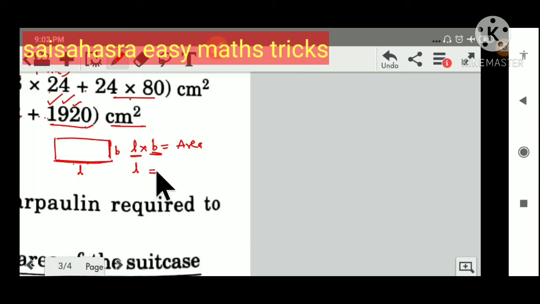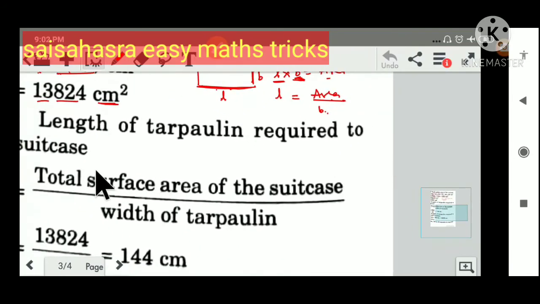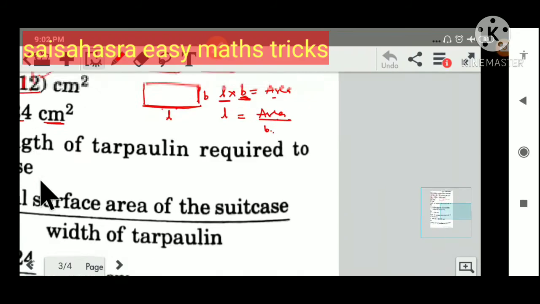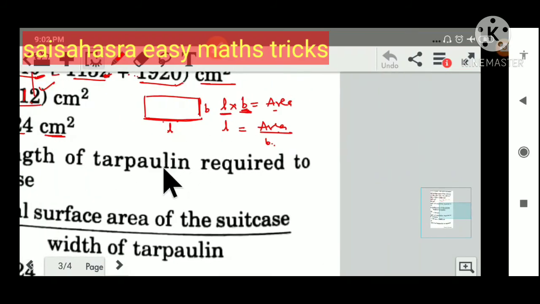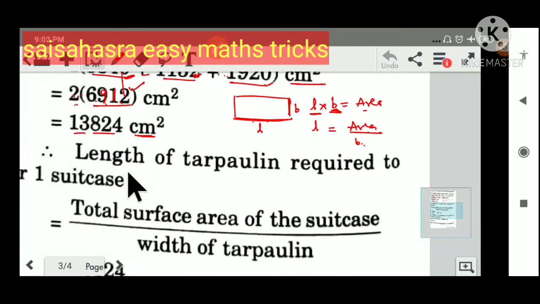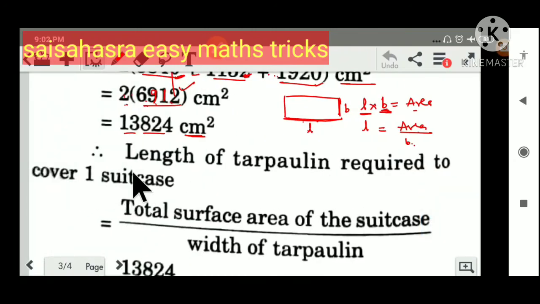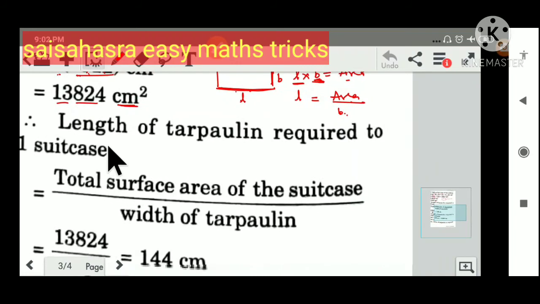So L is equal to area by B, for breadth or width, whatever it may be: area by breadth. Here this is L. L means length. Length of what? Length of the tarpaulin cover required to cover one suitcase. To cover one suitcase, what is the length of the tarpaulin cover?